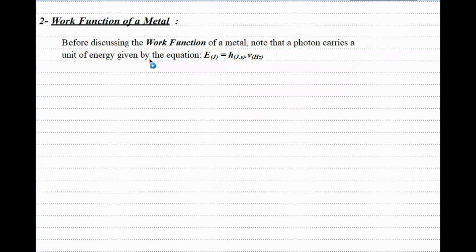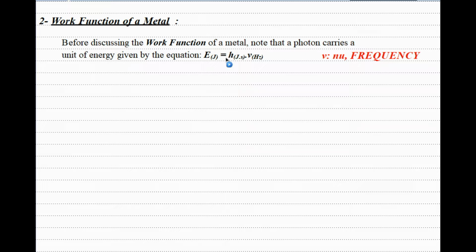The energy given for 1 photon is E equals h times nu. Nu is the frequency. We read it nu, it's a Greek letter. It represents the frequency. I don't know why they don't use F. However, it's found as nu, so we just keep it.